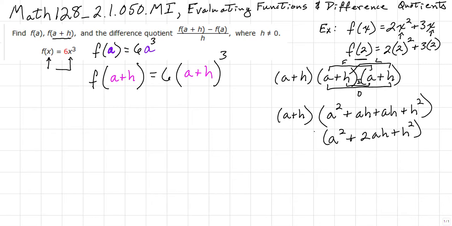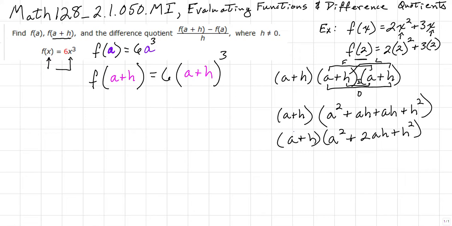And now I'm going to multiply that by this binomial. I don't have a neat mnemonic like the FOIL method for multiplying two binomials together when I multiply a binomial by a trinomial. So instead, we're just going to go ahead and use our traditional distributive property, which is what we're doing with the FOIL method, but it gives you this neat little trick.